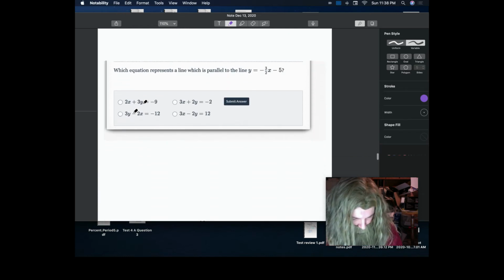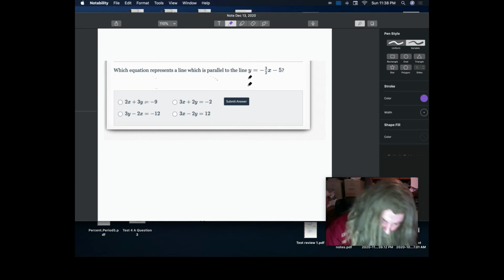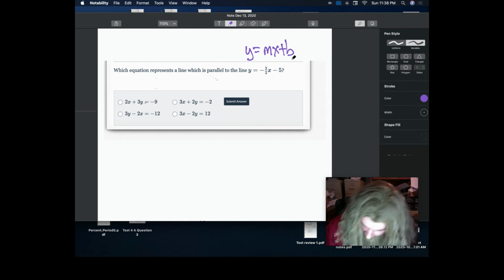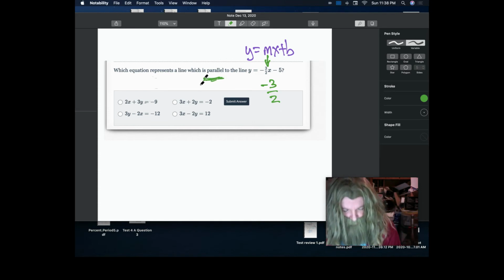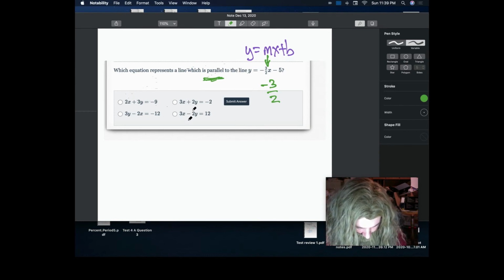Let's move on. Which equation represents a line which is parallel? Well, we know y again equals, that's right, mx plus b. We also know m to be the slope, which is negative 3 over 2. And if the lines are parallel, what else do we know here? The slopes are the same. So my goal will be to find the slope here that is parallel.